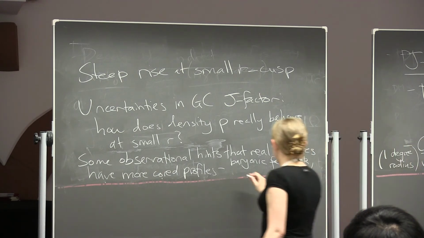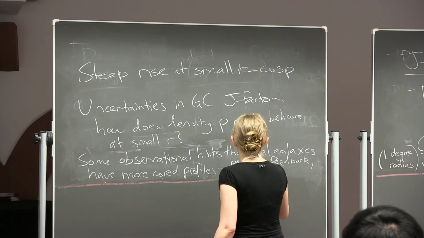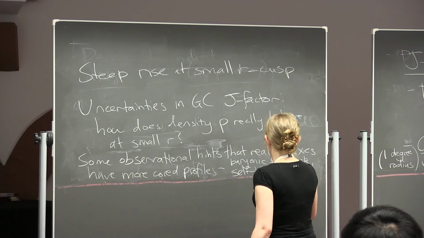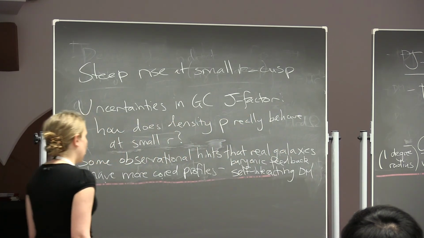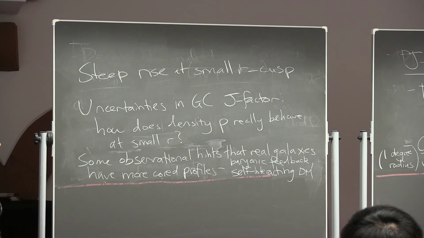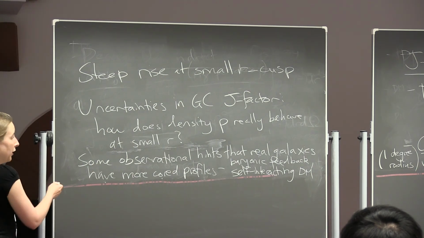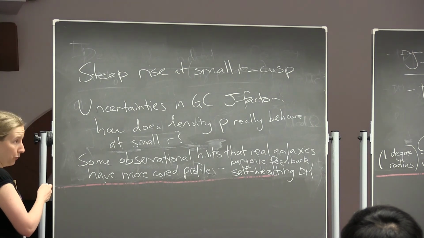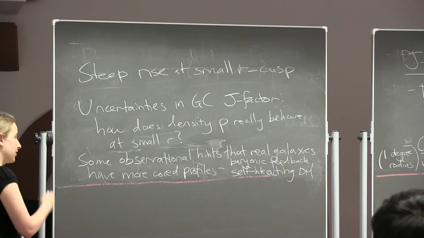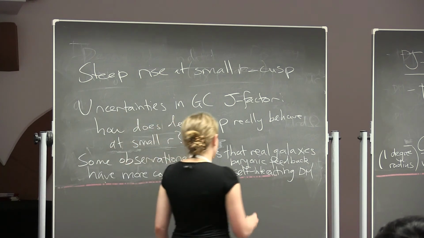The other possibility that's often suggested is maybe dark matter self-interactions could flatten out the core. But as I said earlier, in the Milky Way, we don't really have any observational evidence as to what the density profile is doing at its center as yet.